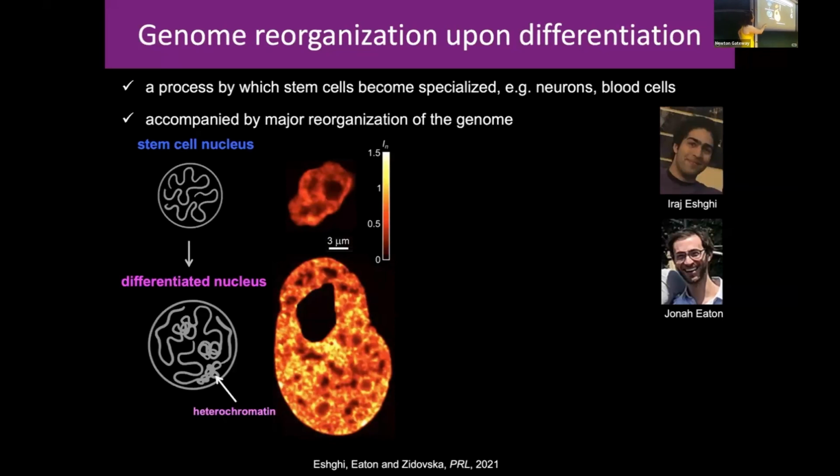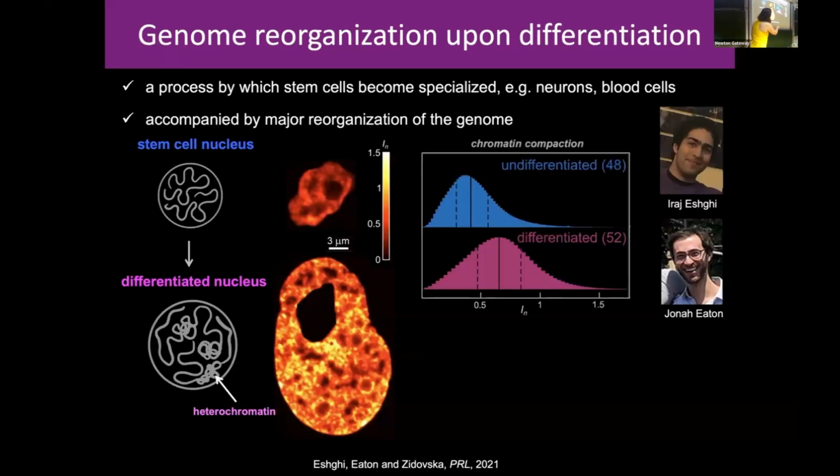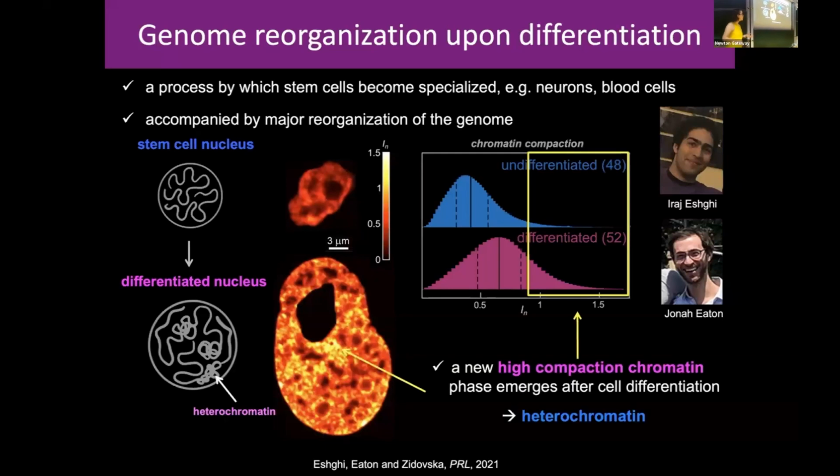Here the red you see shows some, but very small, density variation in the stem cell, whereas in the neuron, we start to have these yellow islands of really high density, right? You can also look here at the density distribution, and clearly there are these high density states that kick in after the differentiation, and that's exactly this heterochromatin.